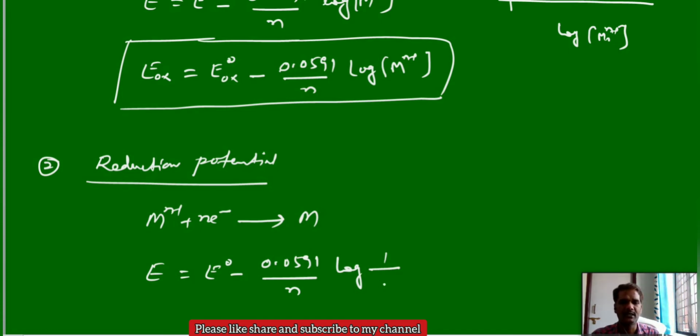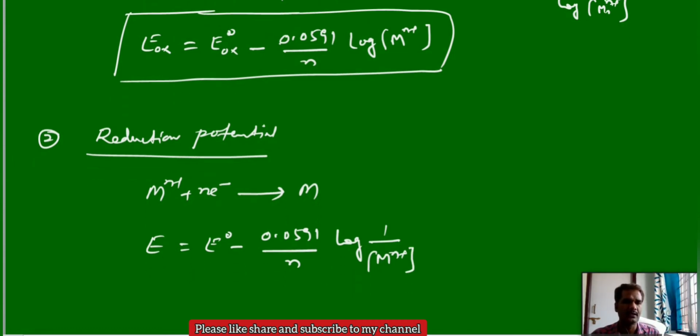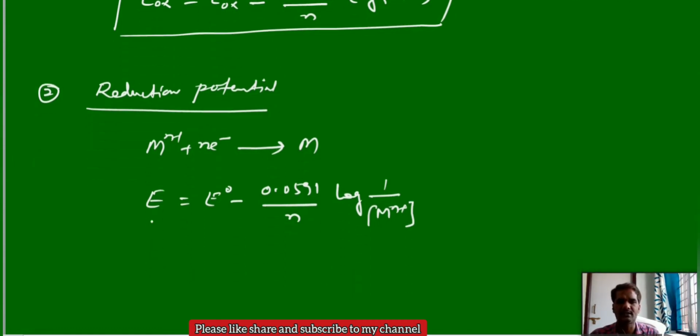This is unity by the concentration of metal ions. And here this E value, what is this reaction? Reduction reaction. So the resultant E is the reduction potential.